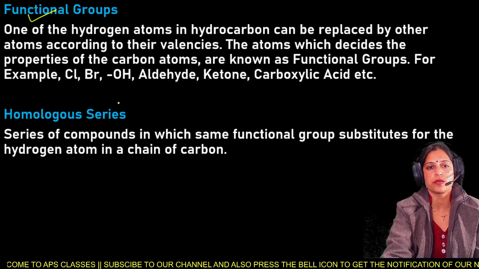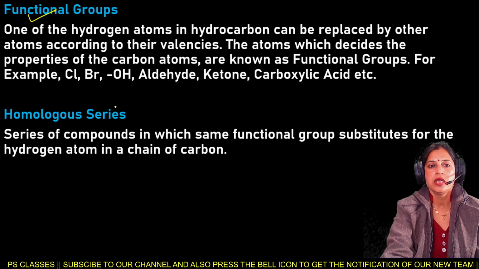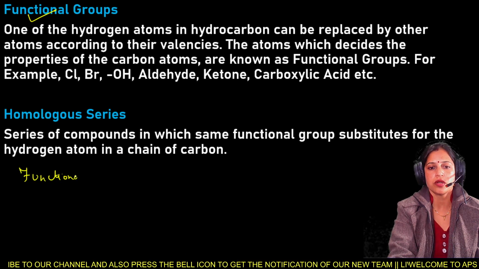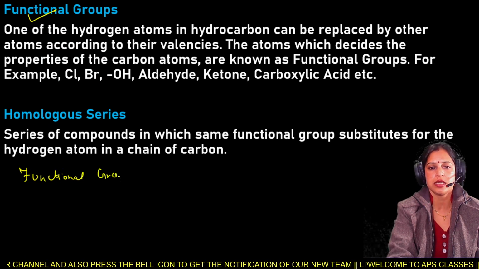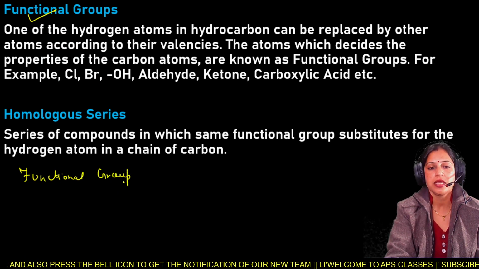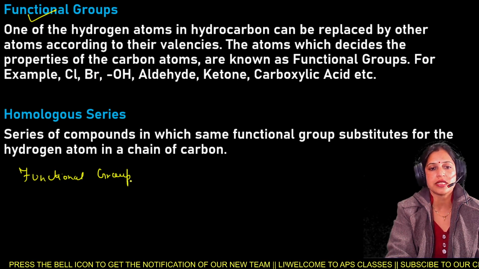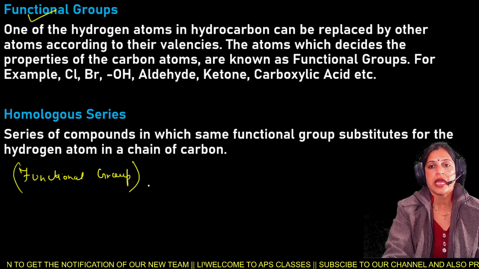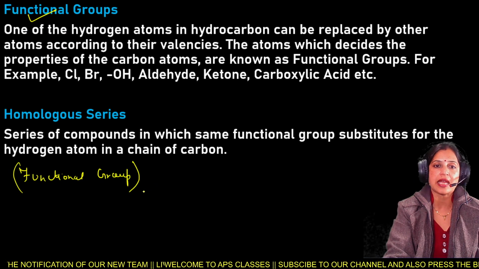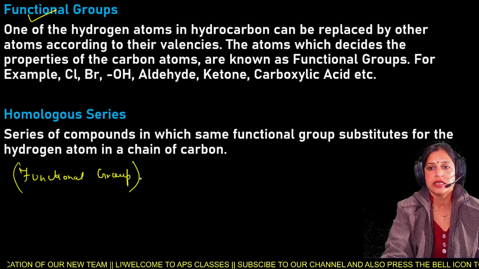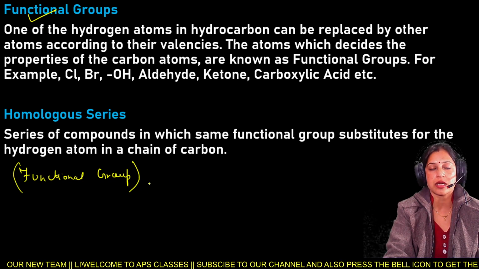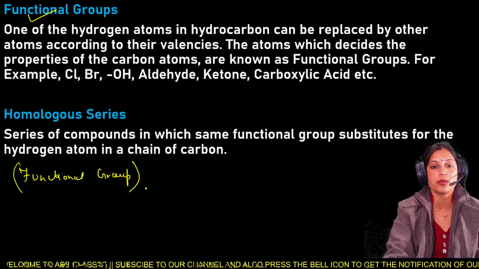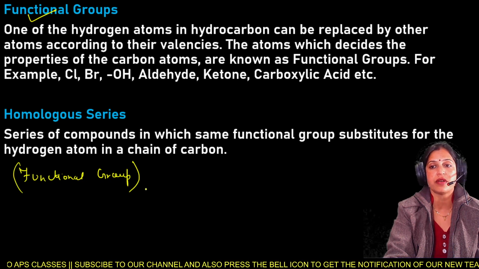Next is functional groups. What do you mean by the term functional groups? One of the hydrogen atoms in hydrocarbons can be replaced by other atoms according to their valencies. Those atoms which decide the properties of the carbon compounds are known as functional groups.